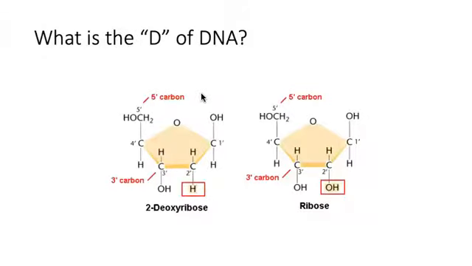Another thing which you'll want to be just really quickly introduced to is the D of DNA, this deoxyribose, and the difference between that and ribose. Of course, these two sugars are involved in very different nucleic acids, right?